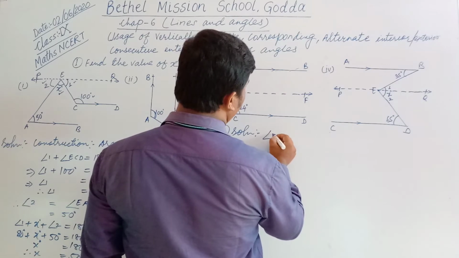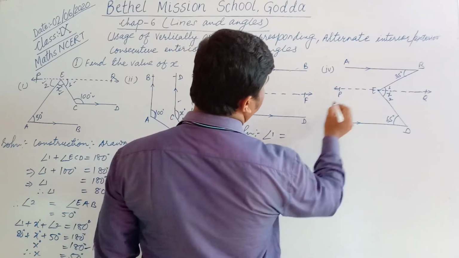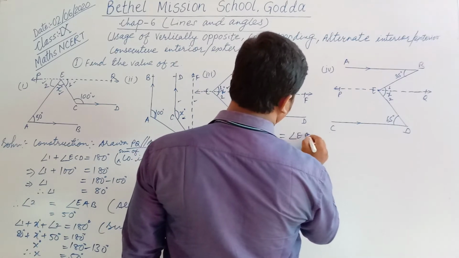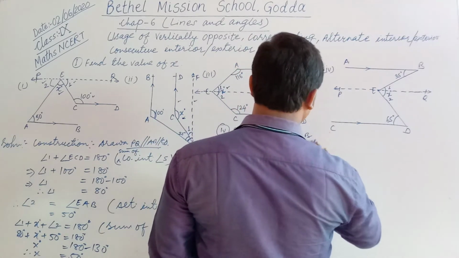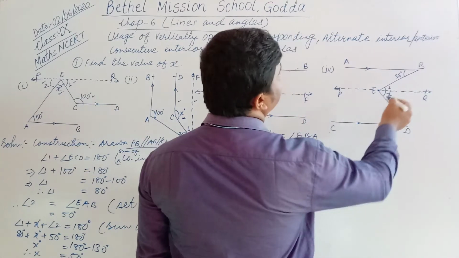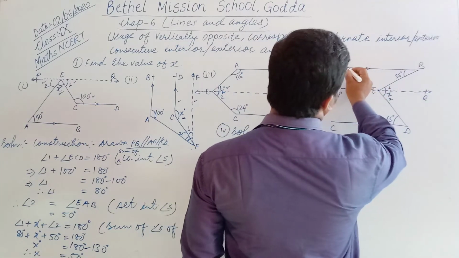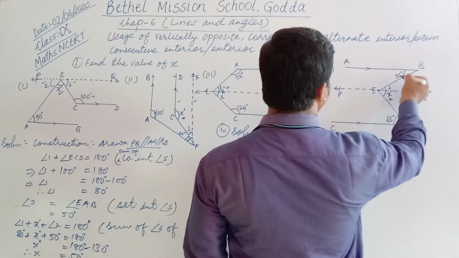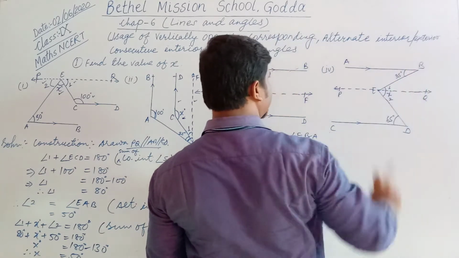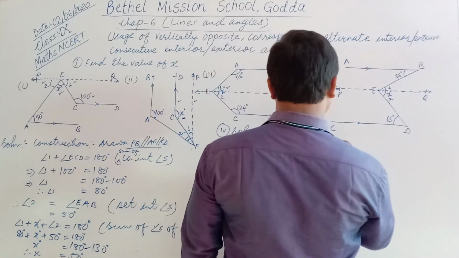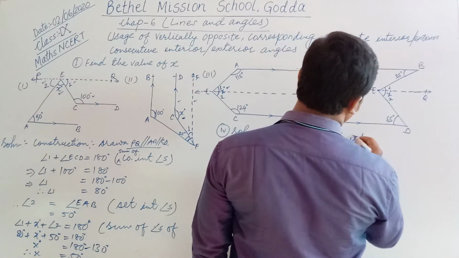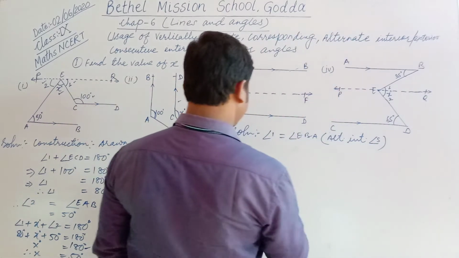Angle 1 is equal to angle EBA. And you know PQ is parallel to AB and EB is a transversal, and 1 and 35 degrees both are just opposite to each other. So that type of angles are called alternate interior angles.